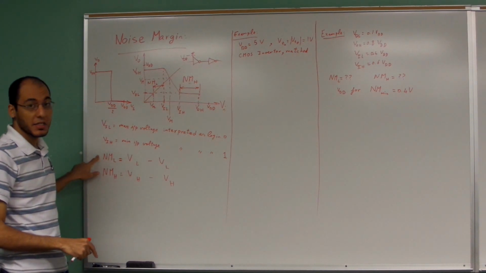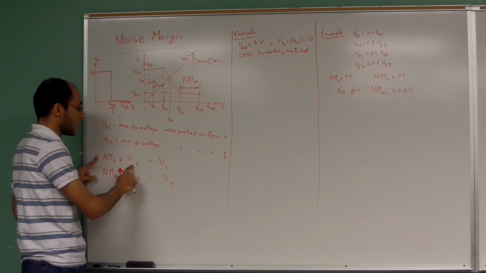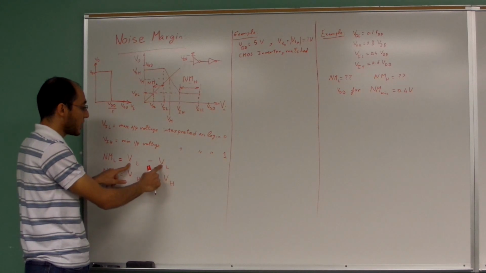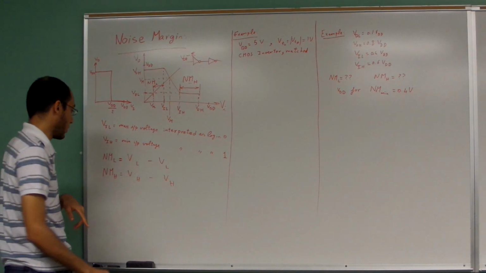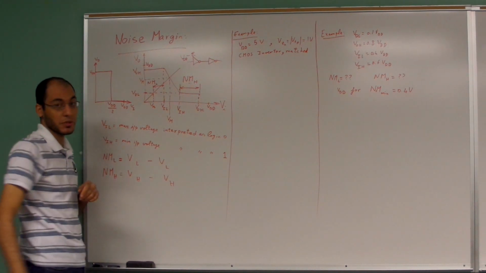Noise margin low is equal to the difference between two voltages. One of them is V something low, and the other one is V something else that is low. So V minus V, and this has a subscript of low, and this has a subscript of low as well. The same goes for the noise margin high: it has a subscript high and a subscript high.